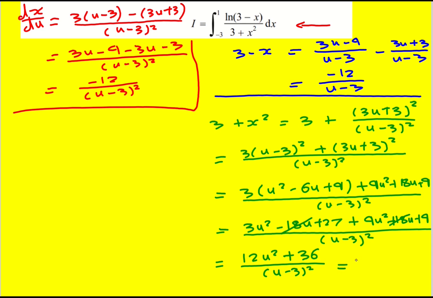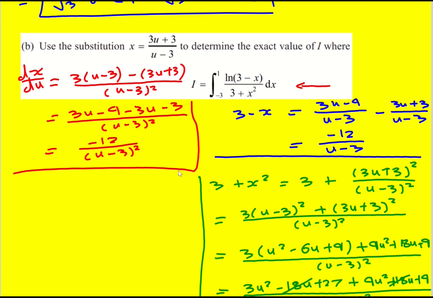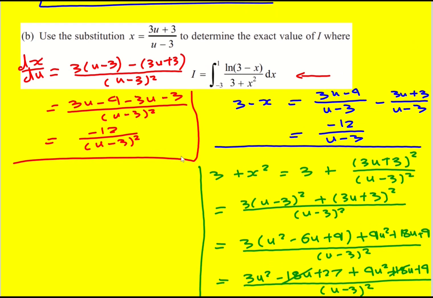I could even bring a 12 out, giving me 12 times u squared plus 3 over u minus 3 squared. Right, we've pretty much got everything in terms of u. It's not always good to do this because sometimes things cancel out and you didn't have to, but I'm sensing that's not going to happen here.